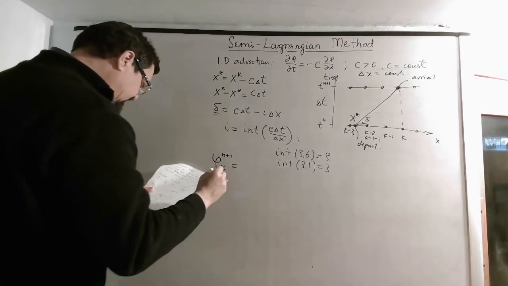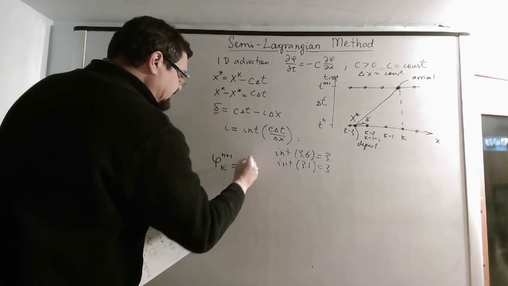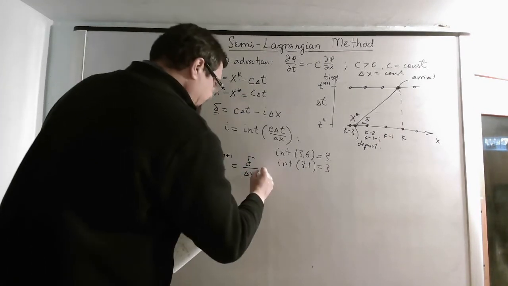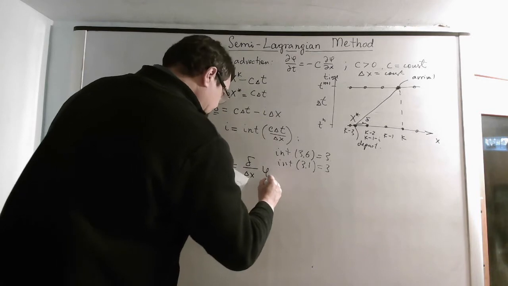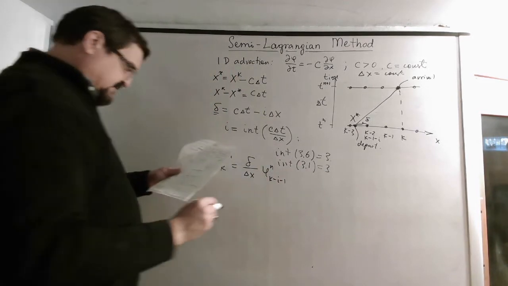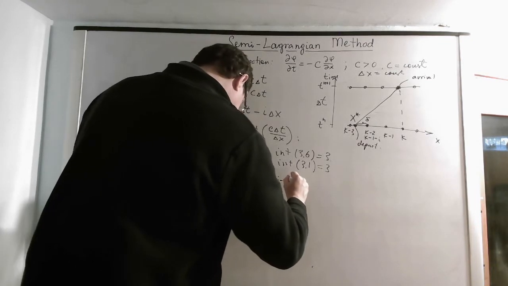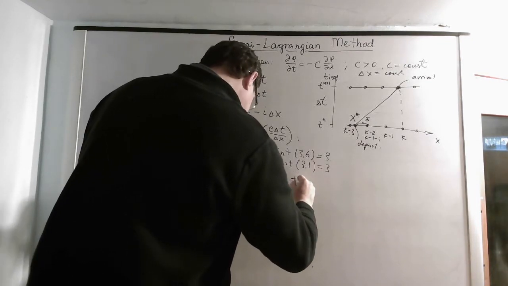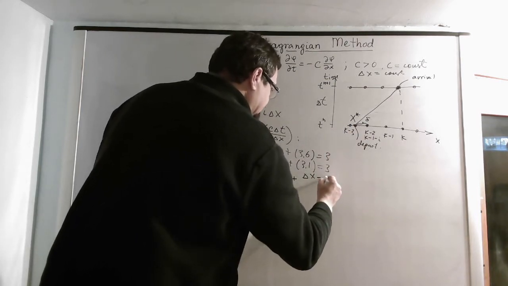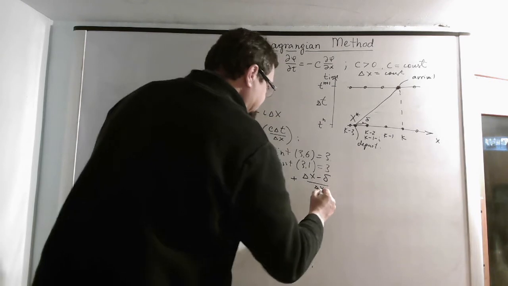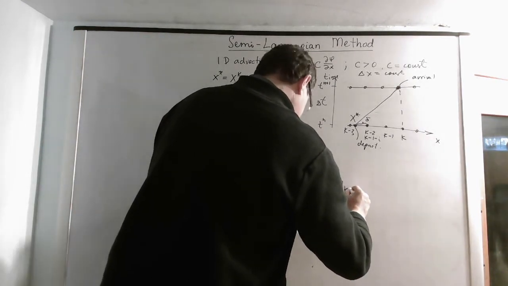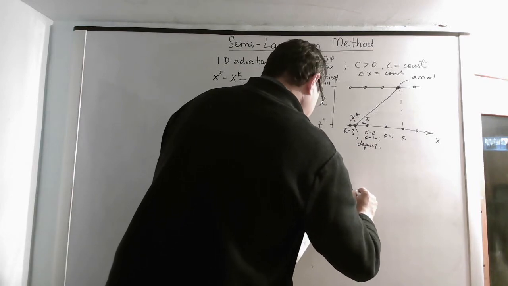You just use interpolation: delta divided by delta x times phi k minus I minus 1 at step n, plus delta x minus delta divided by delta x times phi k minus I at n.